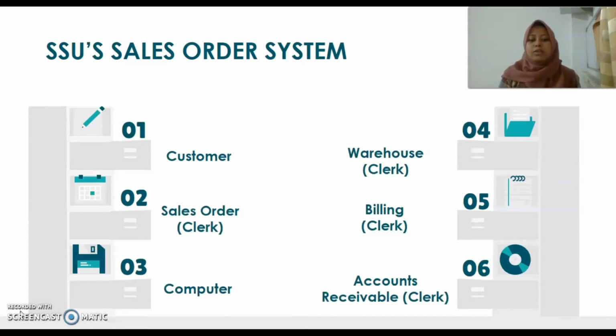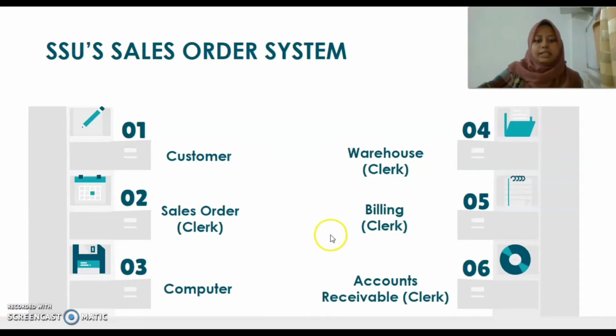Then we send it to the warehouse clerk, who uses it for stock release of the requested item. The billing clerk prints out the invoice, and the account receivable clerk produces a digital record for the AR subsidiary ledger.